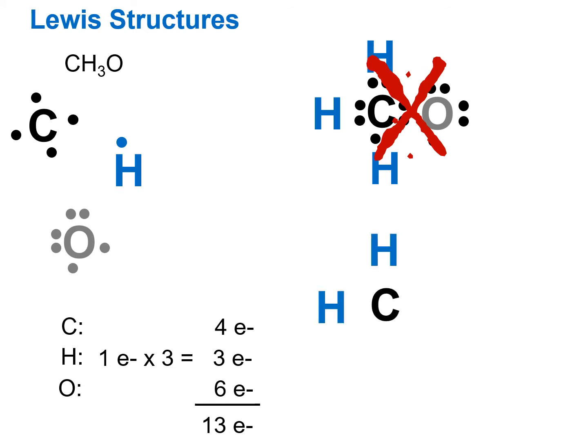How about if we were to have carbon bond with just a couple of hydrogens and then bond to this oxygen, but then instead of putting that third hydrogen on the carbon, we put it out here? Let's just try this. We could do a couple here, a couple there, a couple there. There's 6, 7, 8, 9, 10, 11, 12, and 13.